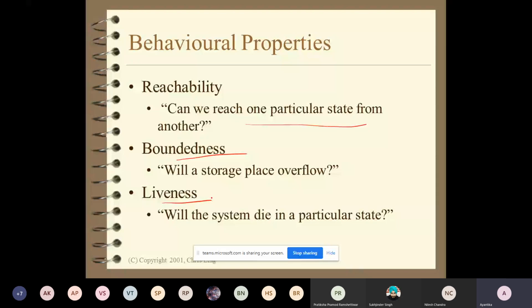Based on those scenarios, when I reach a particular state, we check whether my token is getting stuck there, or whether there is a next possibility of some state transition. If no further transition is possible, then we consider the system dead.